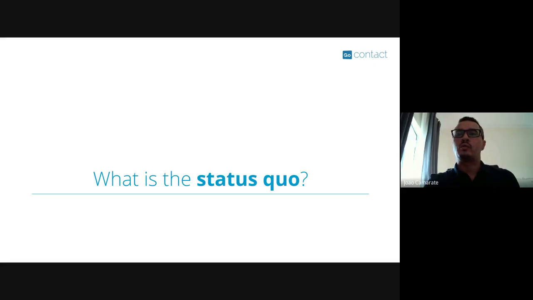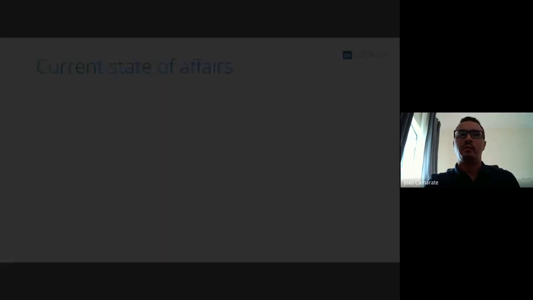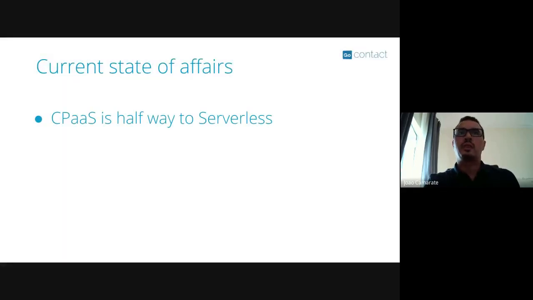So what is the status quo today around telecoms? The current state of affairs is that CPaaS, which is actually driving the change in telecoms, is like halfway to serverless, right? Usually what we are accustomed to doing is we host our own telecommunications platforms, and we write our own code against it.